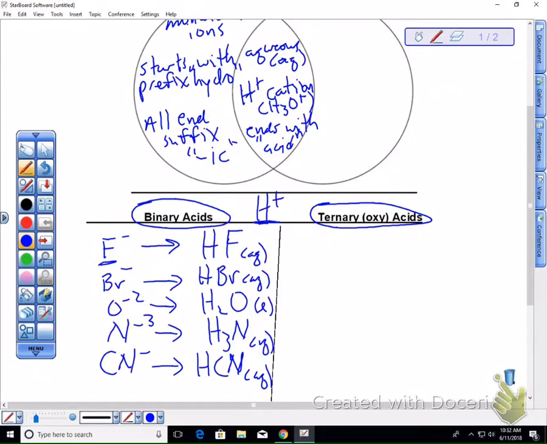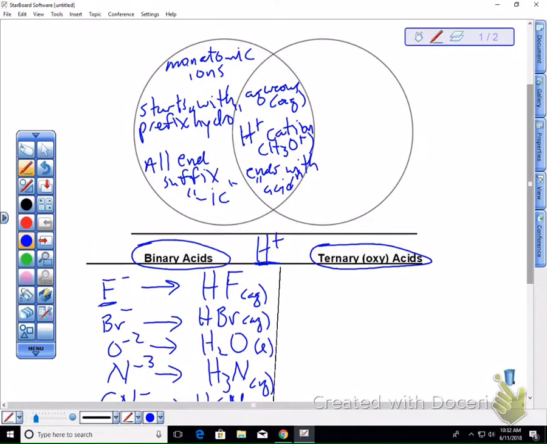All right, let's revisit real quickly ternary acids. Okay, so some common things about these ternary or oxyacids is that they are made from the polyatomic ions. Something you're going to like about these, I think, is that they have no prefix.